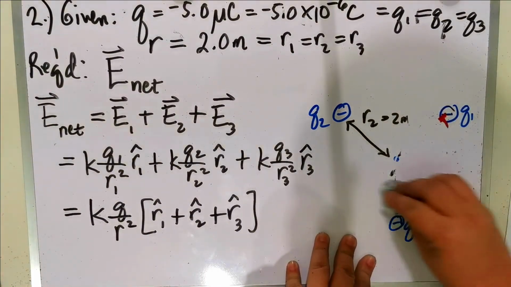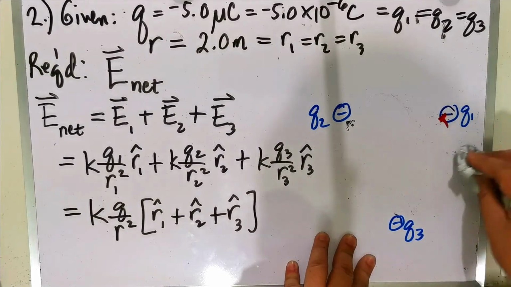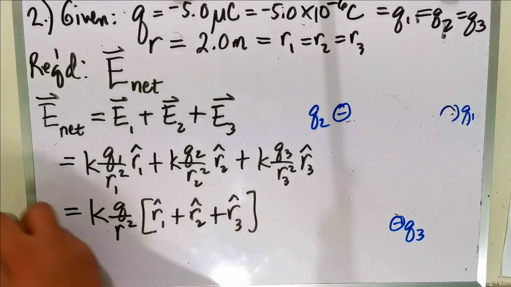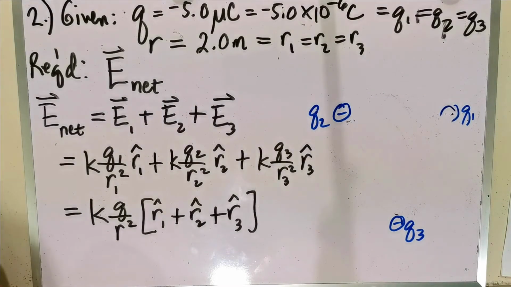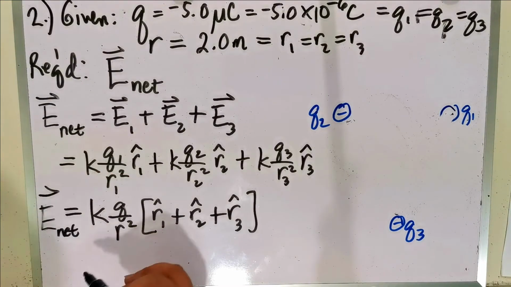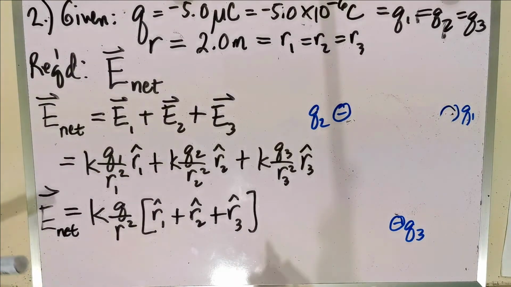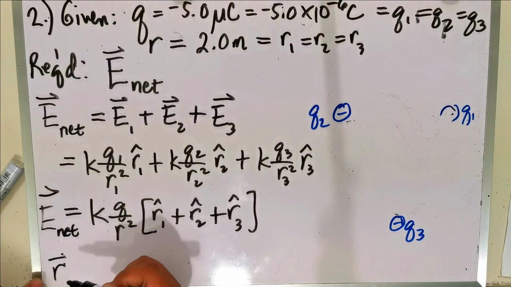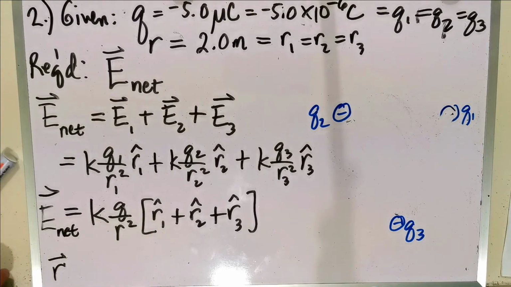Let me go back to this. Before that, remember that this is now the net electric field. If you can remember from vectors, if you have a vector R, it has magnitude and direction.